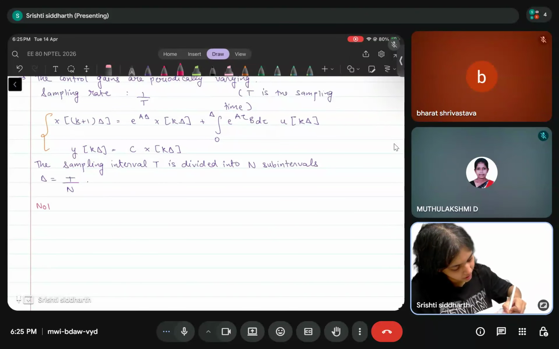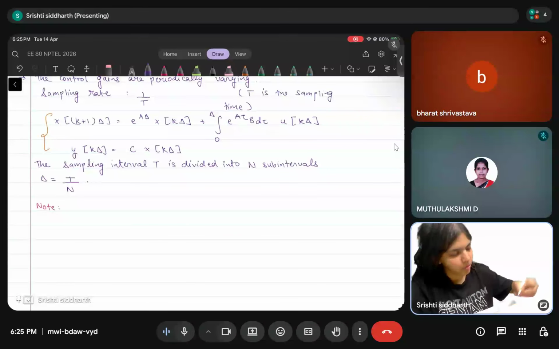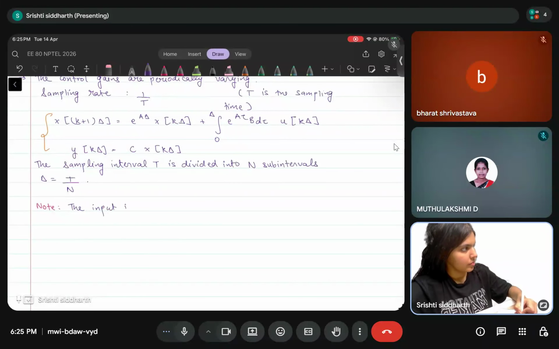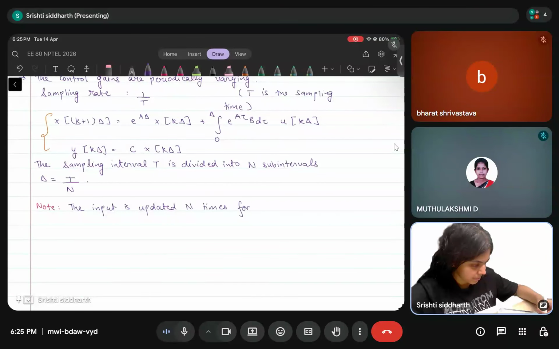Also note that in the case of periodic output sampling control, the input is updated n times for each output sample.